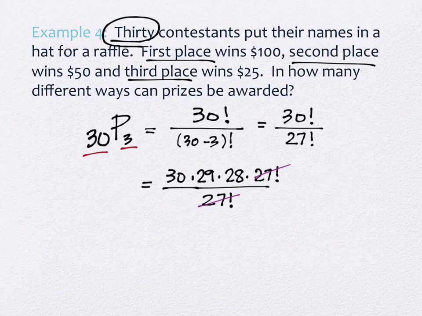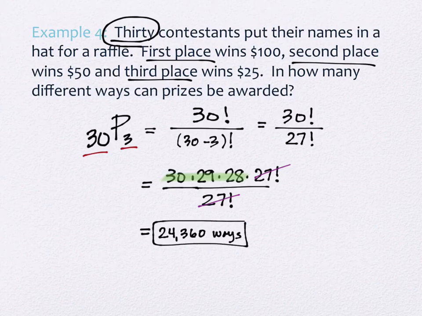And all we're left doing is multiplying 30 times 29 times 28. What is 30 times 29 times 28? 24,360. That's the number of ways I could select 3 winners who are getting 3 different prizes.